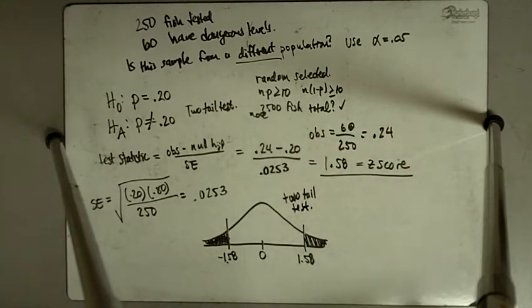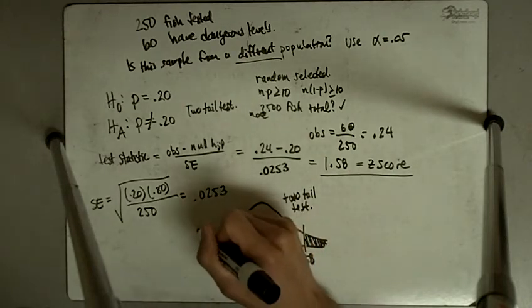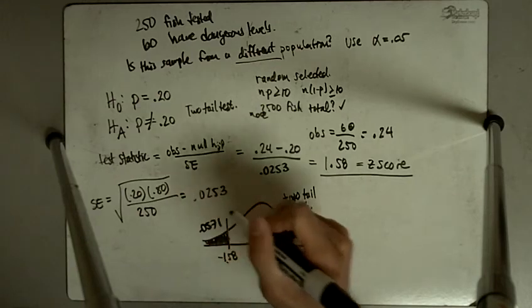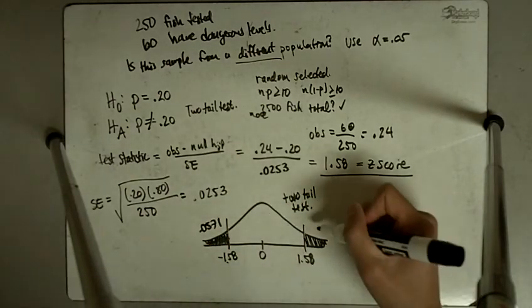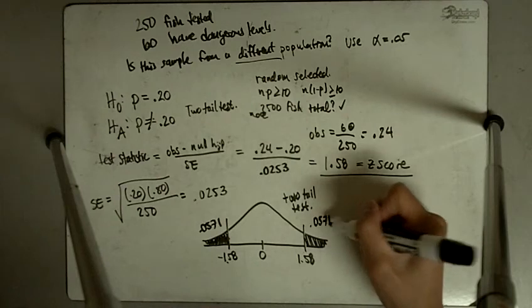If I look up negative 1.58, I can find out how much is in one tail. It gives me 0.0571 in this tail, which means I also have 0.0571 in the other tail.